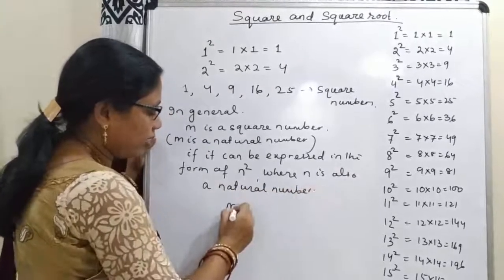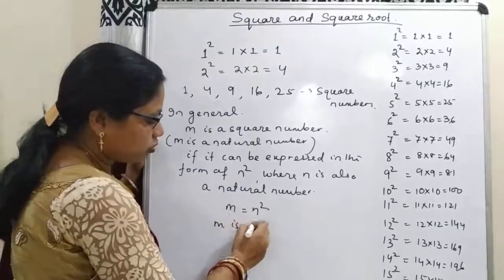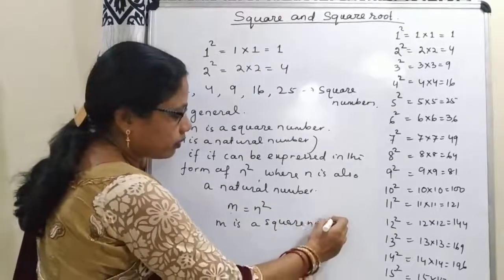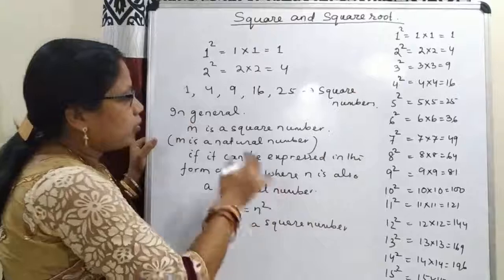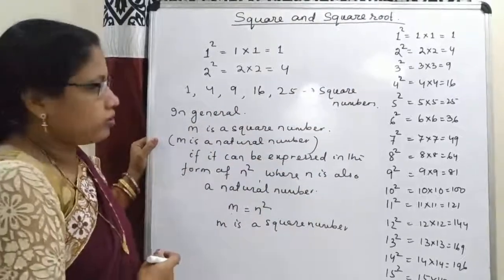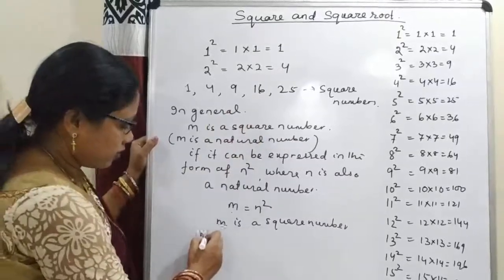That means if m is equal to n square, then m is a square number. So here 1, 4, 9, 16, 25, like this, these are all square numbers, or they are also called perfect squares.